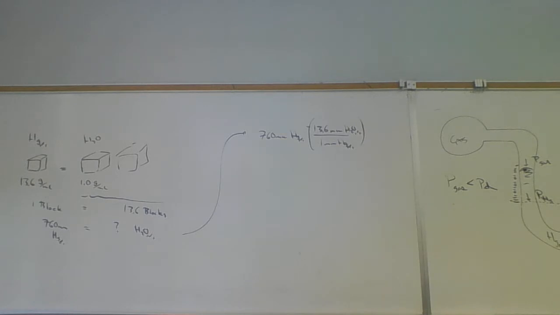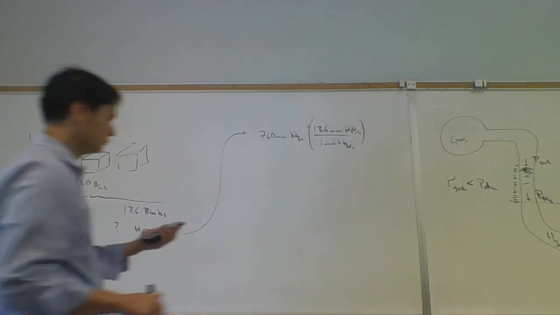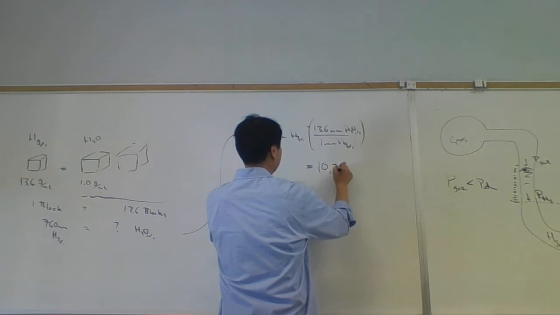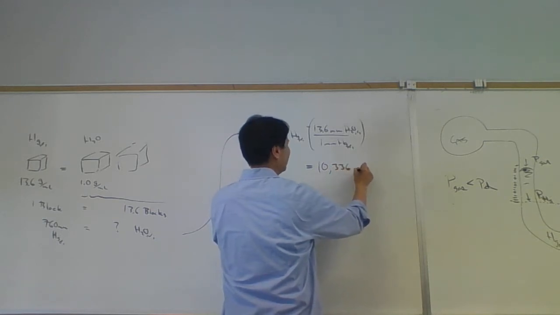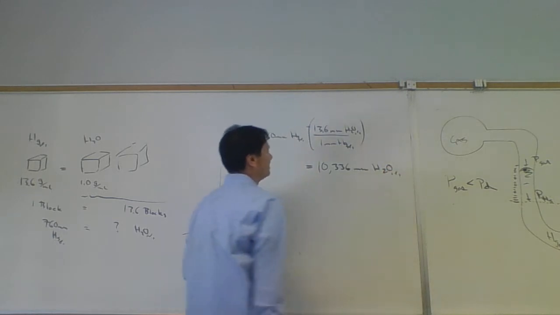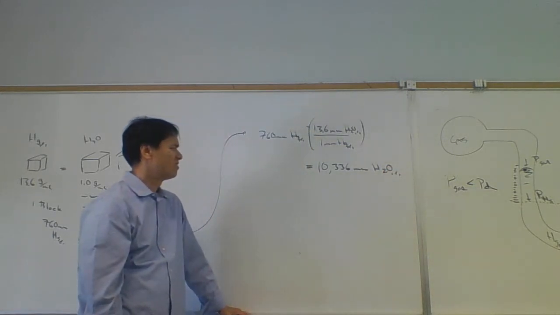And so here, I'm just going to go 760 times 13.6. And so what it means is I need 10,336 millimeters of liquid water. How many millimeters in a meter?